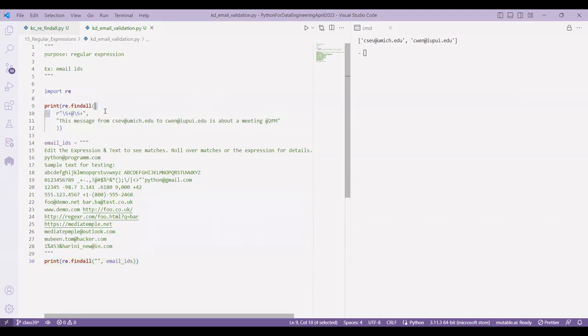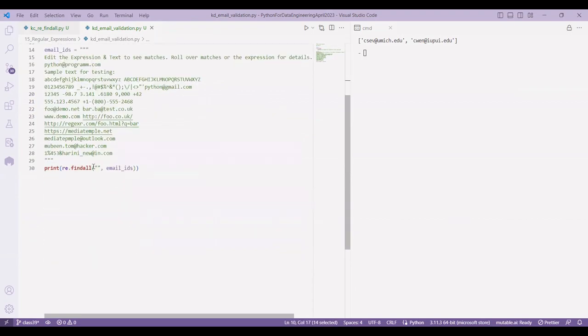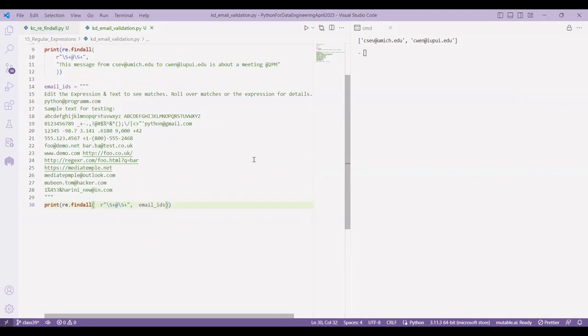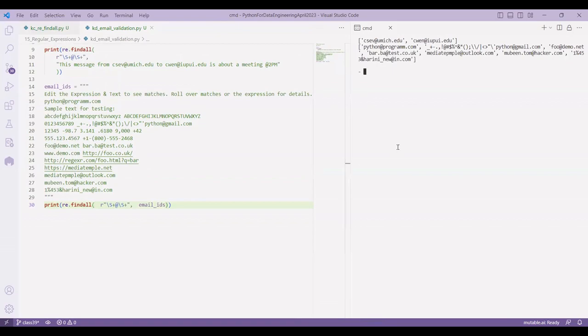I will take the same pattern whatever we have and use it. Basically an email ID means this should be there, right? That's what I'm doing. Now did you see I got all the patterns, or did I get some garbage also? Did you see that there is some garbage which is coming, which is not a true email ID?